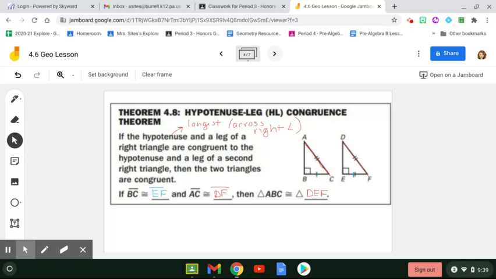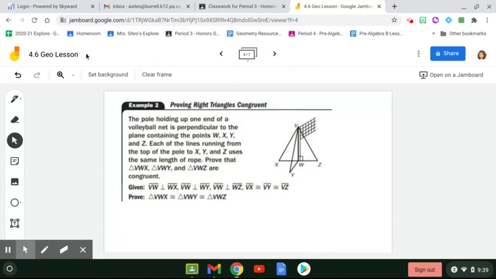Okay, so now we're going to use that hypotenuse leg to help us out with making a proof. Let's take a look at this one. It says the pole holding up one end of a volleyball net is perpendicular to the plane containing the points W, X, Y, and Z. So here they are down here at the bottom.